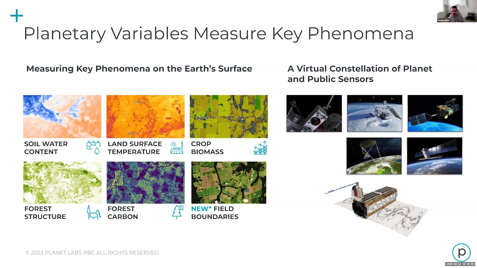And then recently, within the past couple of weeks, we've just released our new field boundaries layer, so being able to actually create a vectorized layer for field boundaries. And so we'll talk a little bit more about what U of A has access to in terms of these planetary variables, but they're a really exciting way to get people the information that they need without having to do any sort of modeling.